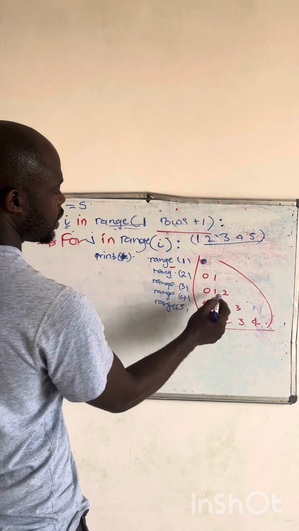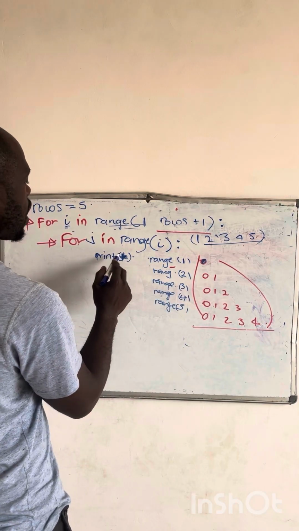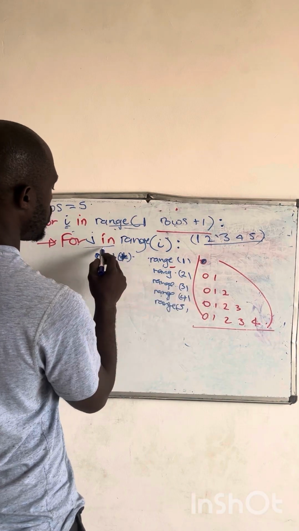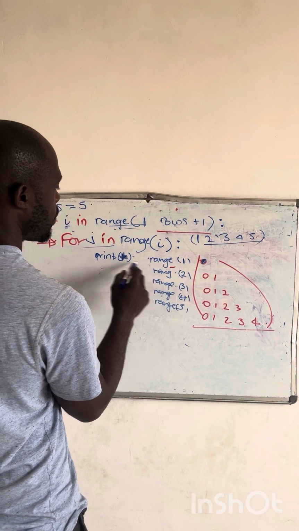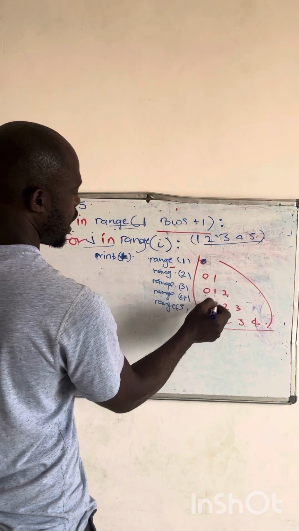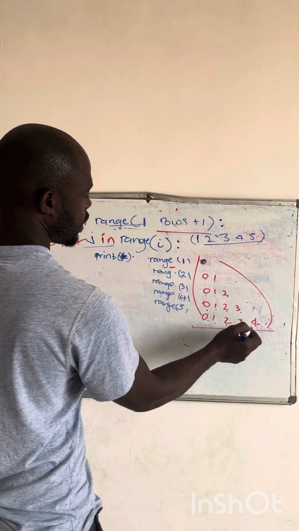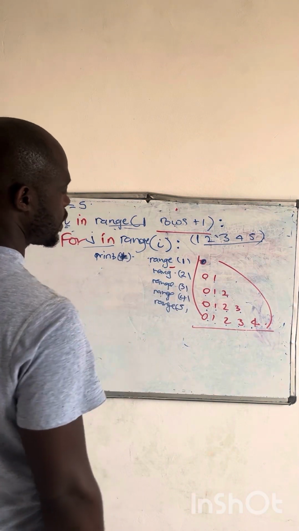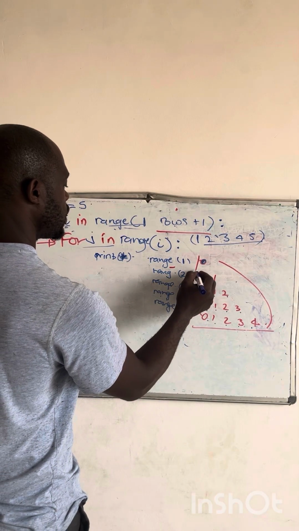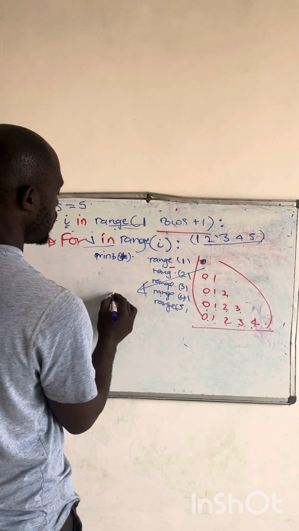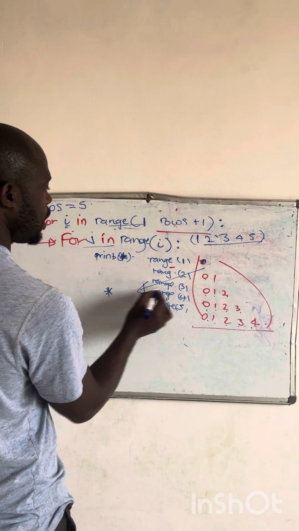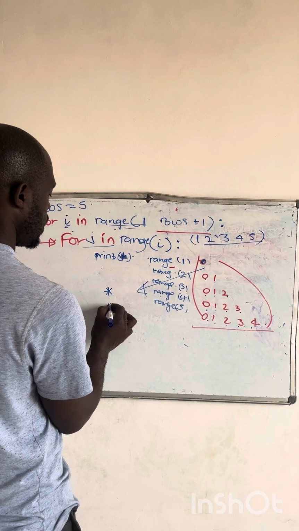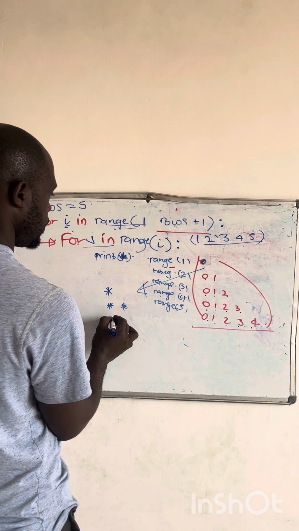Because all these are the outcomes from our loop, instead of printing these particular outcomes, it is going to be printing our symbol here. So that means this will be star. Wherever there is an outcome, you replace it with a star. So it will be star, star, star.